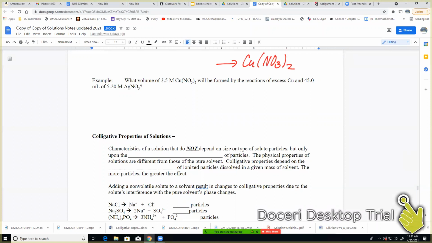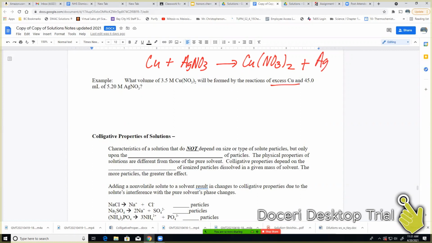By the reaction of excess copper and silver nitrate. This is a single replacement reaction where the copper is going to kick out the silver and become part of the compound. So I'm going to have some silver also left over here.